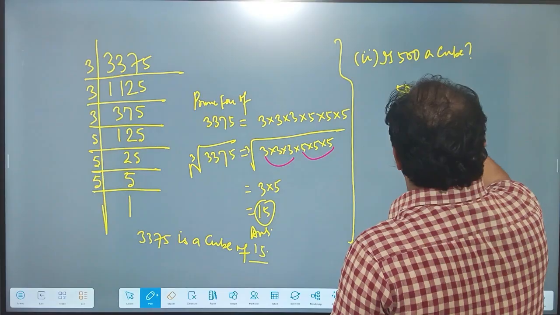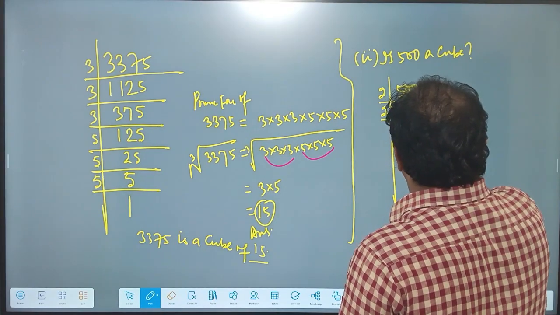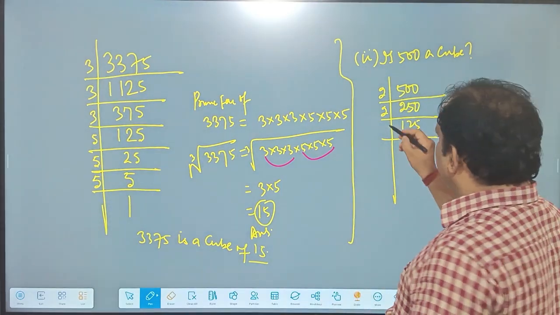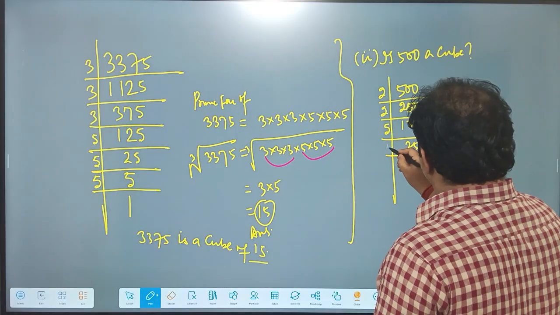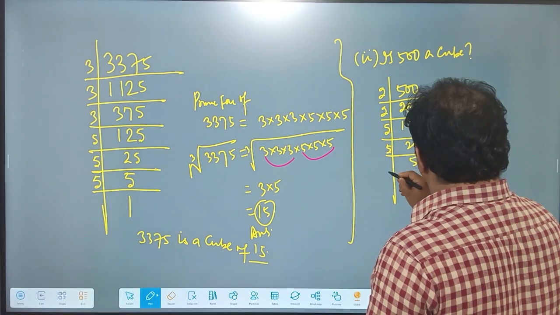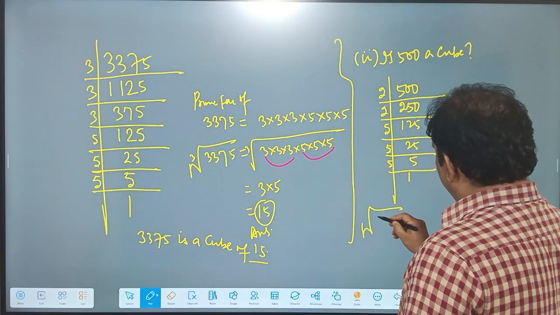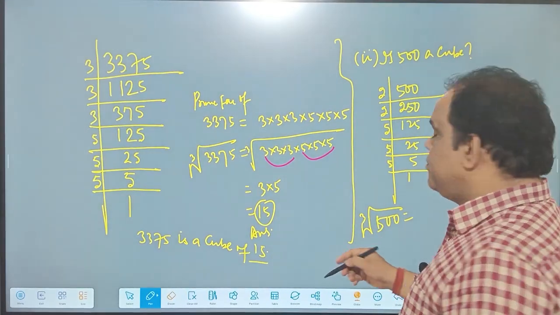So again we'll find the prime factorization. It's divisible by 2, it would be 250. Again 2, it would be 125. Again it won't go by 2, we have to divide by 5, so it would be 25, and then again 5, and then 5 to 1. So the cube root of 500, don't forget to put the cube root.